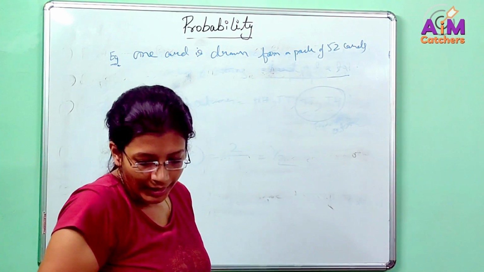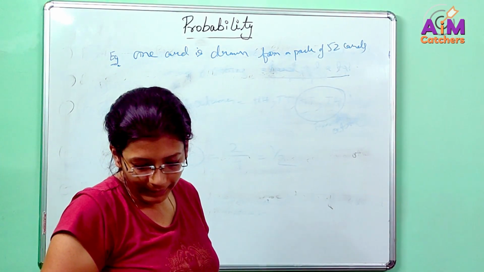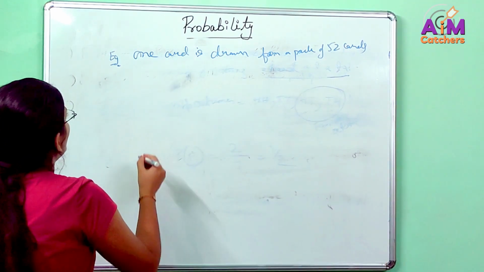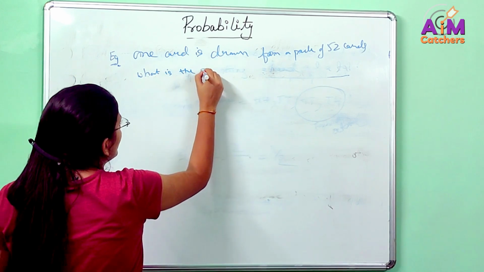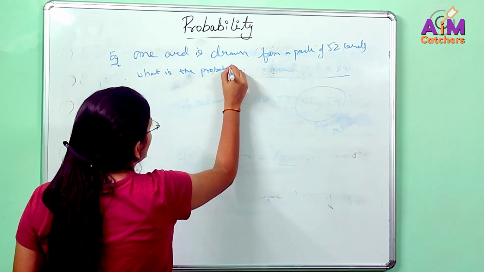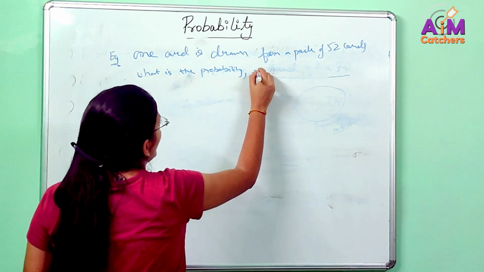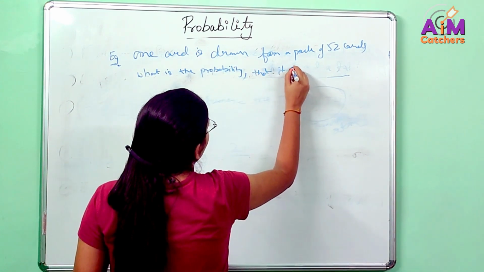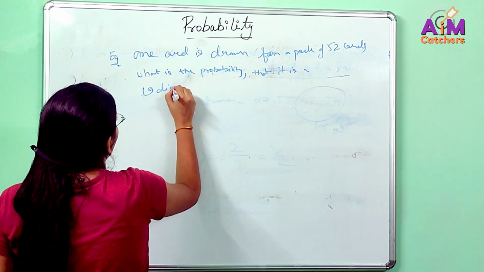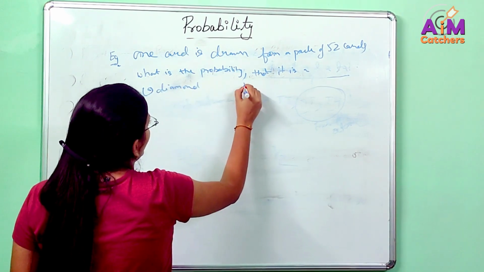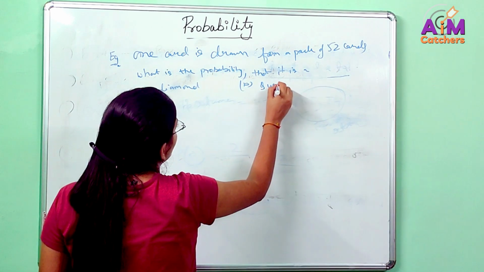Okay. Then what is the probability that it will be a diamond or a queen? Case 1, it is a diamond, case 2, it's a queen.